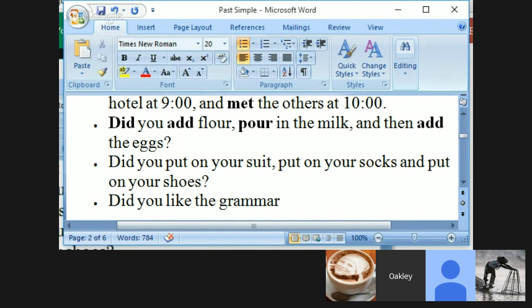What? I'm confused. Is that the end? Am I continuing the sentence? Yes, grammar is essential. It's a different sentence? Yes, a different sentence. Grammar is essential to understand English, for example.